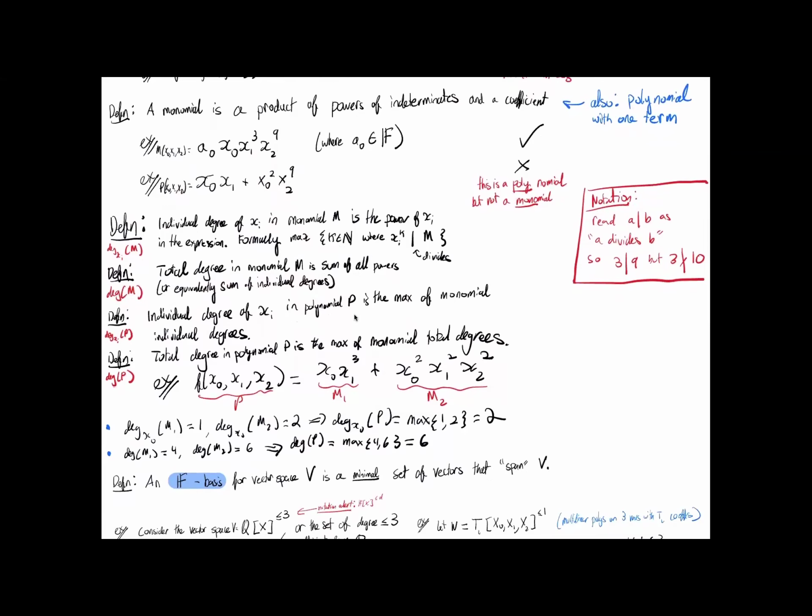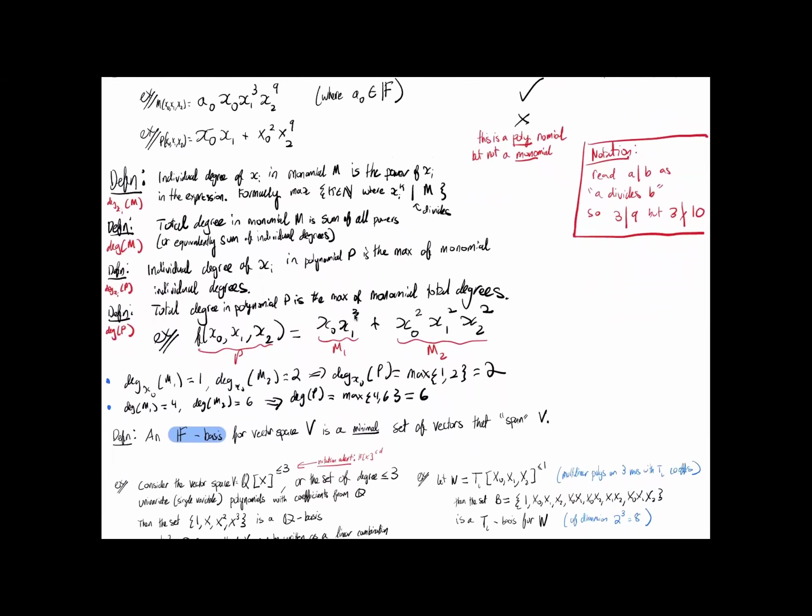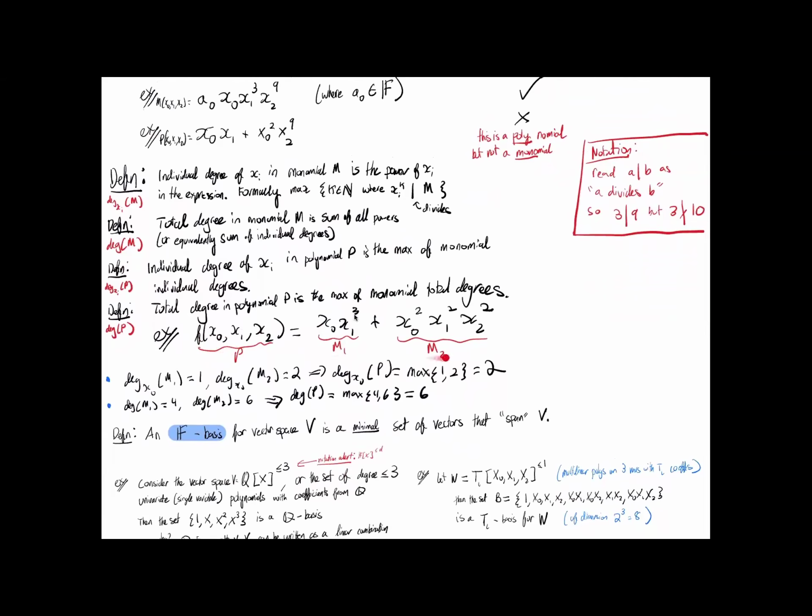Finally, we have the individual degree of a polynomial, or the total degree of a polynomial. Both of these are basically the max of the monomial individual degrees, or the max of the monomial total degrees. So let's look at an example. We have this polynomial, f on 3 variables, which consists of 2 monomials.